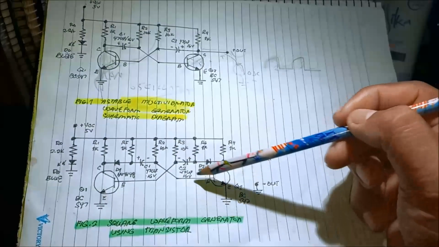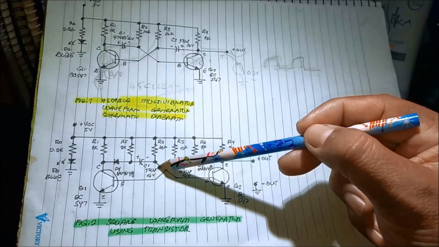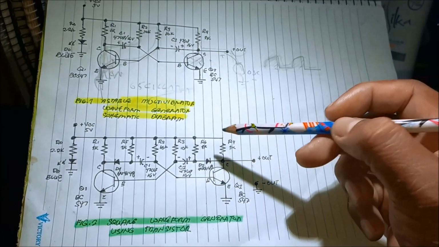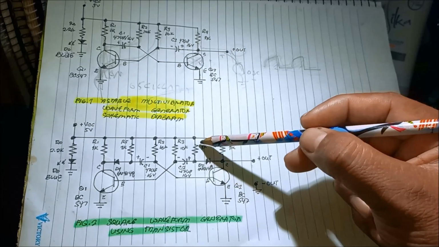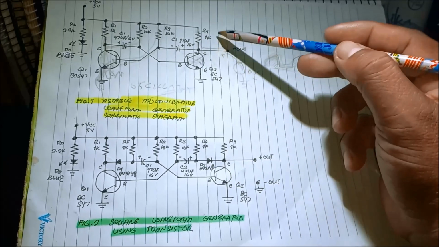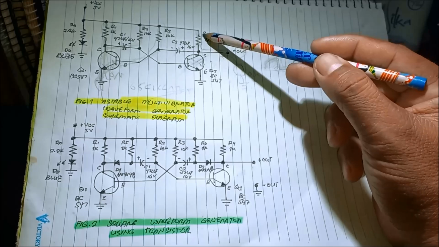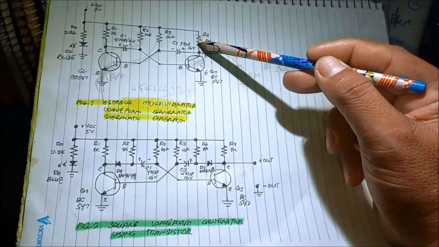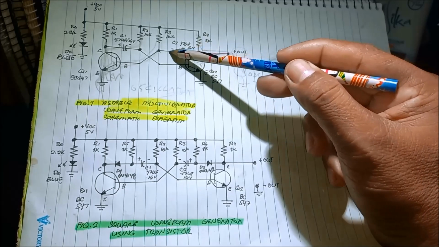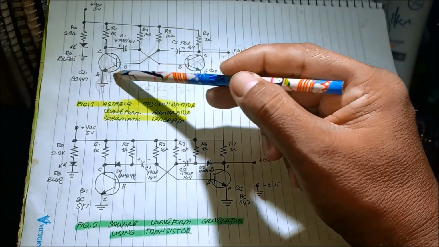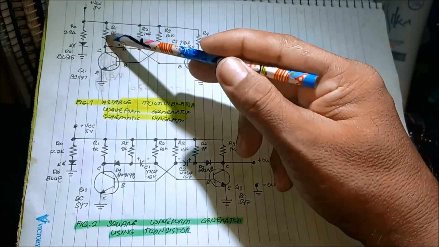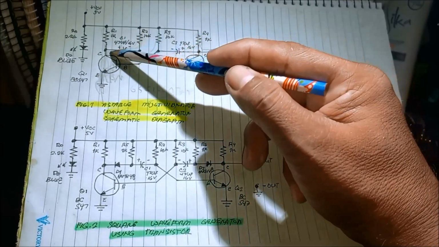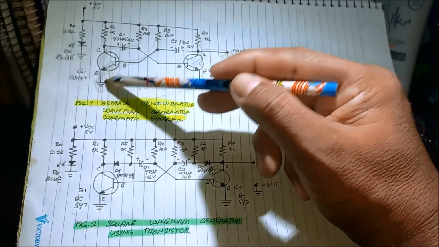So the only difference is how the capacitor will go into charge. Instead of charging through the collector resistor, just like here, charging the capacitor to the base, biasing this transistor to turn on, all current flows into the collector emitter of this transistor.